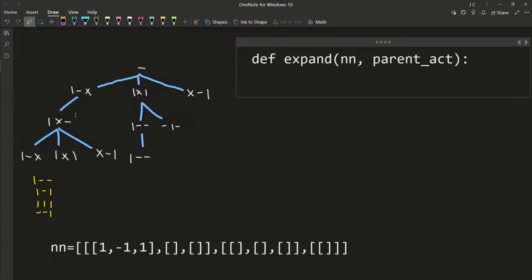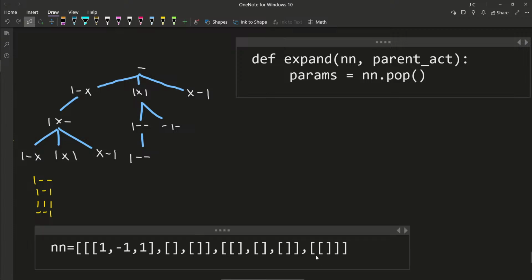I don't like trees. Okay, so think about expanding this one. So your params are going to be some variant of pop.